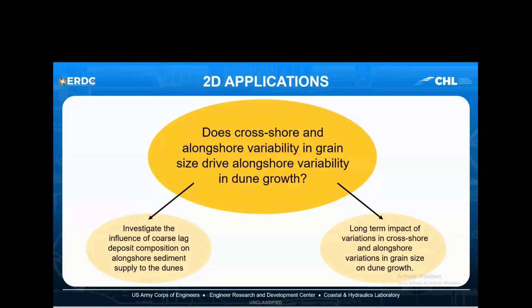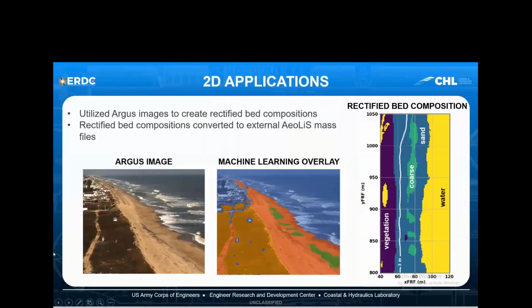Then I'm also looking at the long-term impact of cross-shore and alongshore variations in grain size on dune growth. So over the long term, how do these coarse lag deposits and coarse material impact dune growth? Both questions and topics started out pretty similarly.